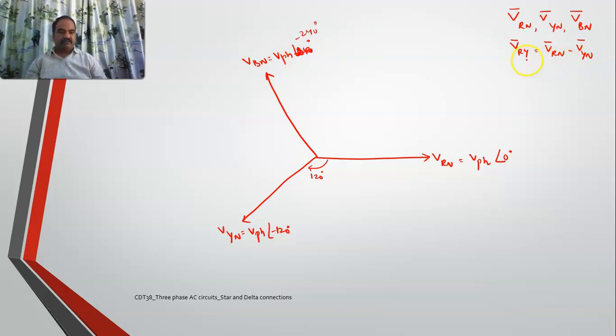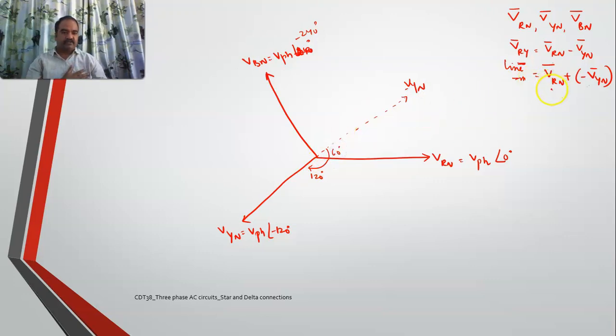Now if I want VRY, this is a line voltage, which is equal to VRN minus VYN. So I'll write it as VRN plus minus of VYN. This is VYN, this is minus VYN. Now if this is 120, this angle will be 60 degrees.